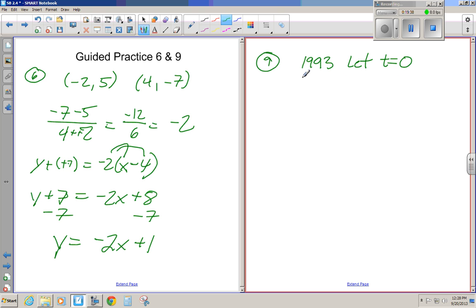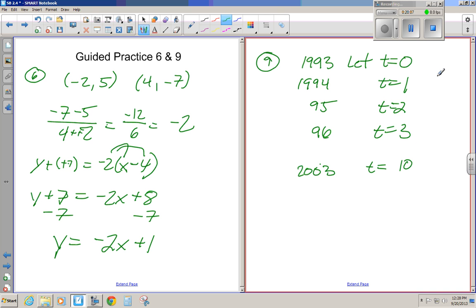That means 1994, t would be 1 year later. 95 would be 2 years later. 96 would be 3 years later. All the way to 2003, which t would be equal to 10.